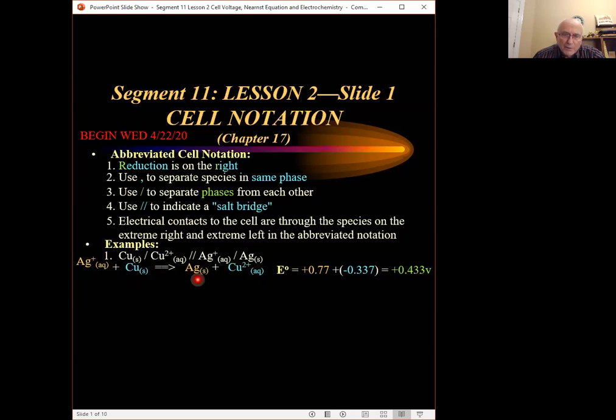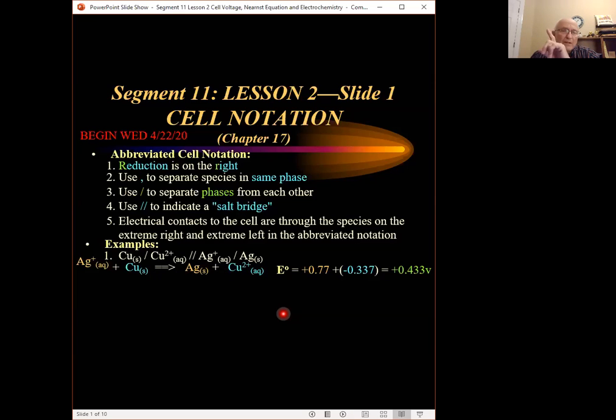The voltage, though, that is generated assumes you have some copper in the presence of copper +2 at 1 mole per liter concentration. And you have to have the silver ion at 1 mole per liter concentration.